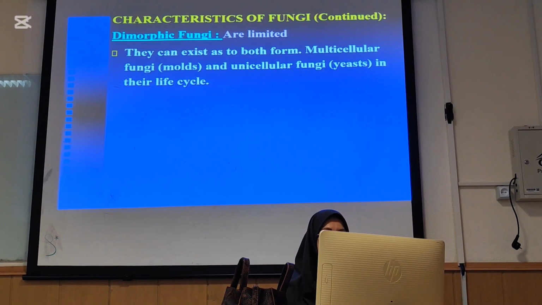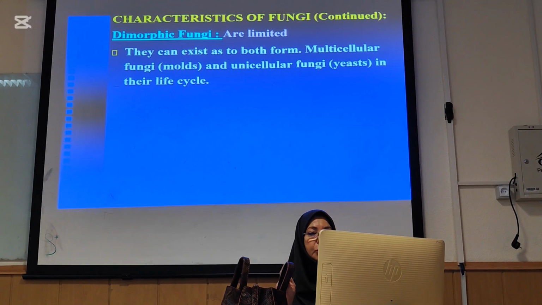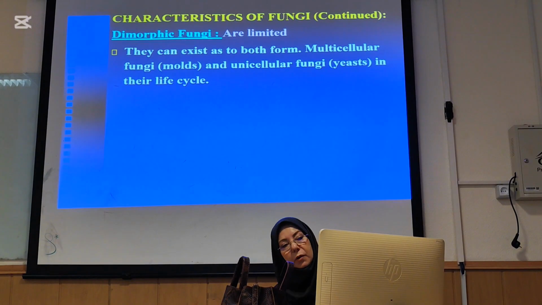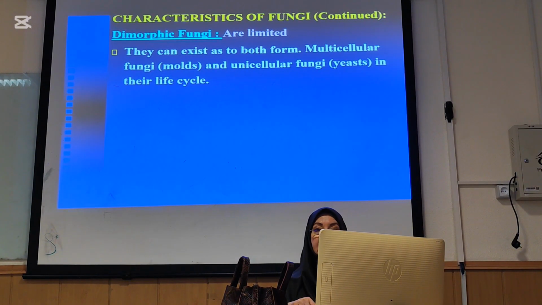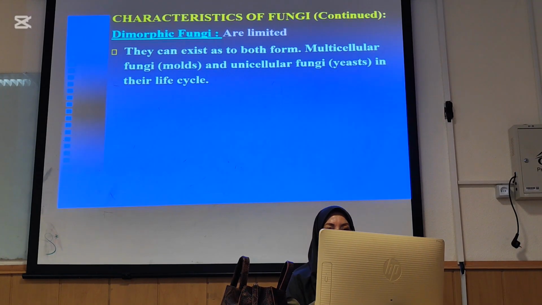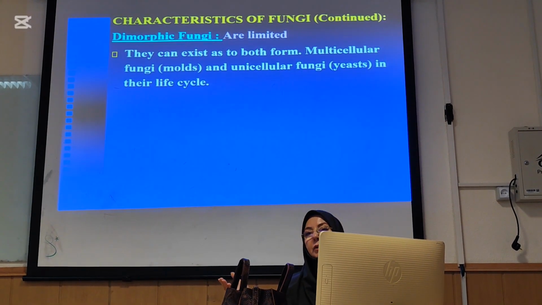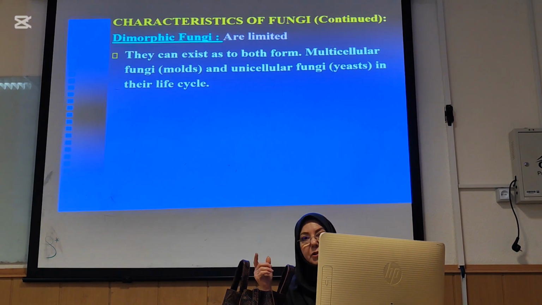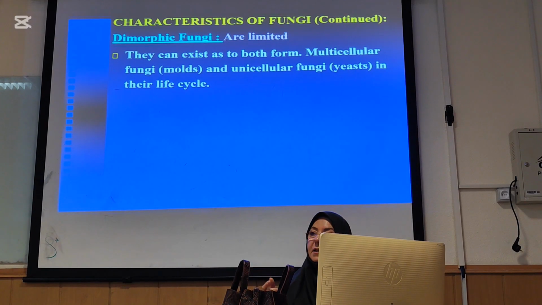This group of fungi can exist as both forms, mycelial form or mold form and yeast form, in their life cycle. For example, when this group of fungi grow in the environment at a temperature of 25 degrees centigrade, they always grow as mycelial form or mold form.